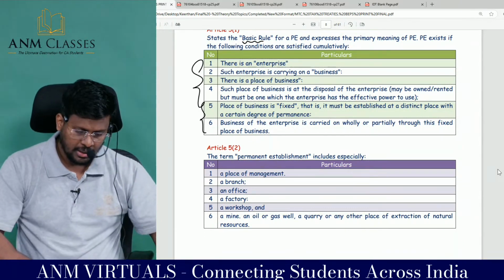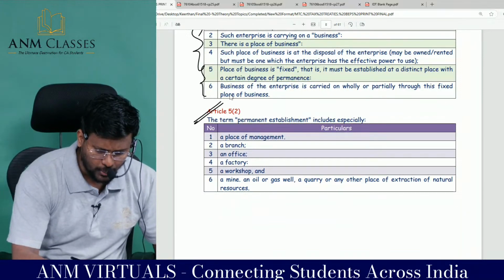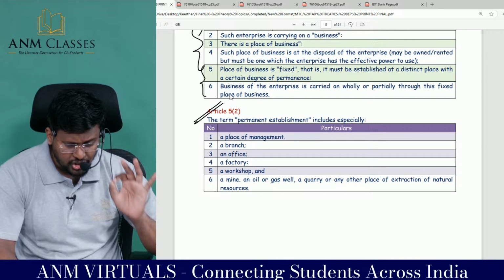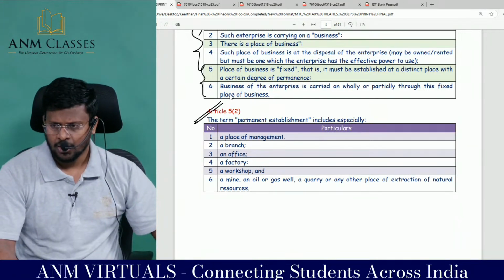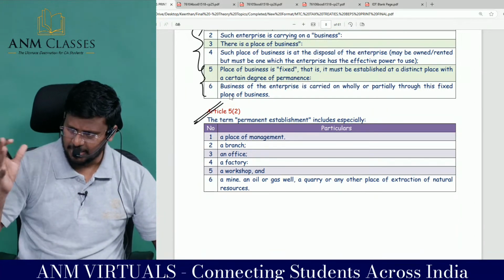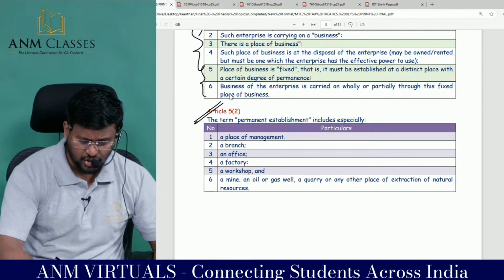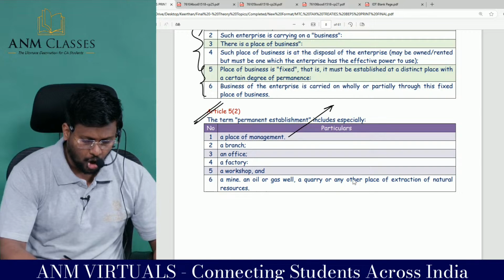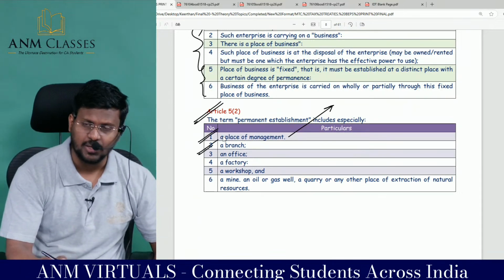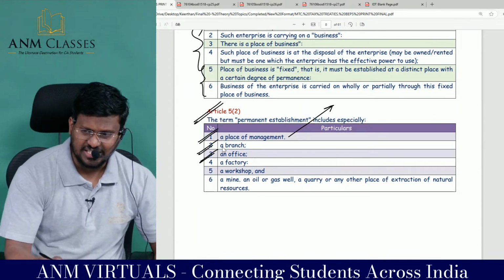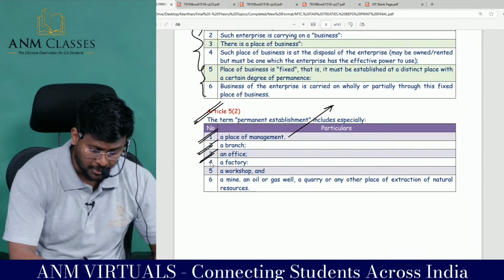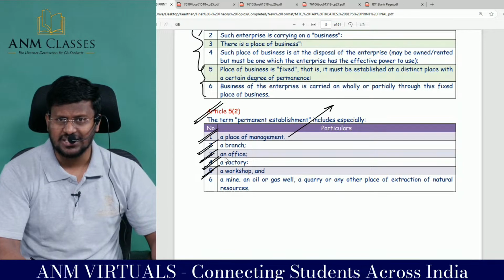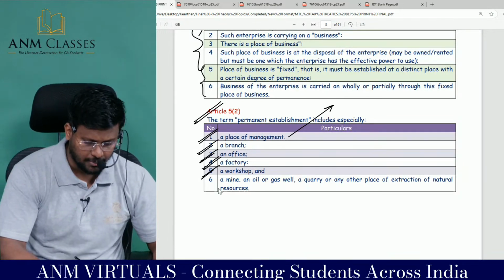Now Article 5.2 is saying that the term permanent establishment includes especially a place of management. For example, if some other contracting state's place of management is there, then we can say that there is a permanent establishment. Or a branch is there, or an office, or a factory, or a workshop is there, then we can say that there is a permanent establishment.